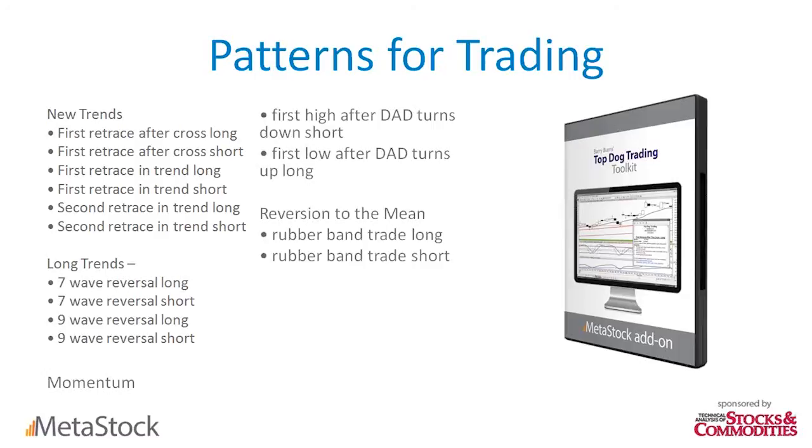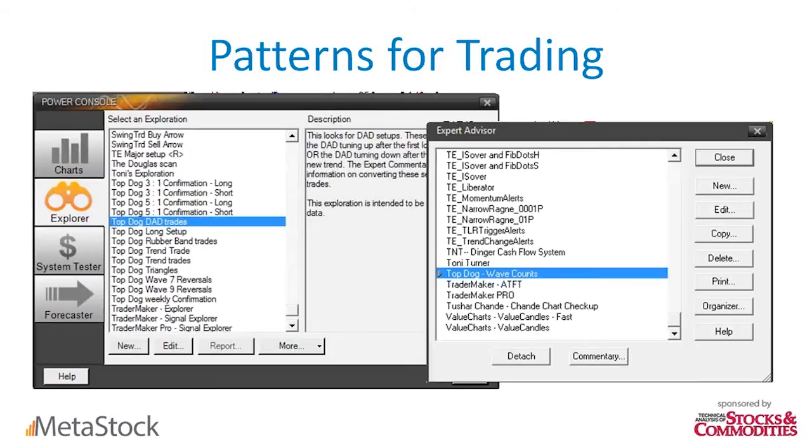For example, the first retrace after the cross long is going to be a new trend, whereas a reversion to the mean might happen later in. Or if you're looking for a reversal around your 7th wave or your 9th wave, those are what's going to show up. So he's looking at the pattern, how long you've been in a trend, to establish what kind of opportunities are going to show up.